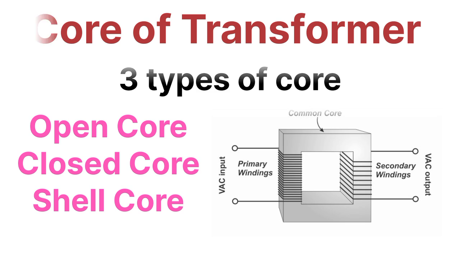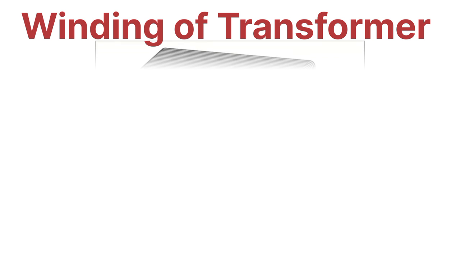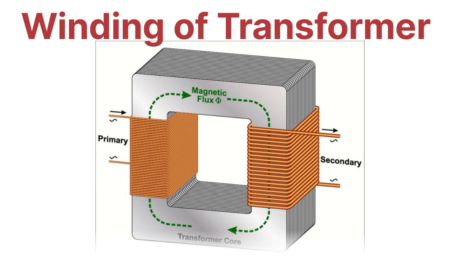So now let's move to the next one, that is the transformer winding. The transformer has two windings: the first one is the primary winding, and the second one is the secondary winding. The primary winding is the coil that draws the power from the source.